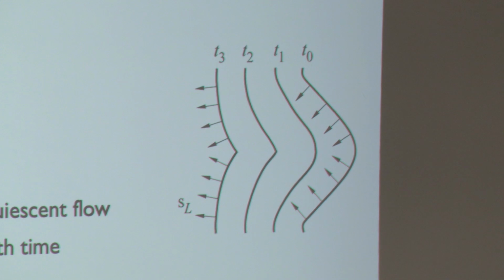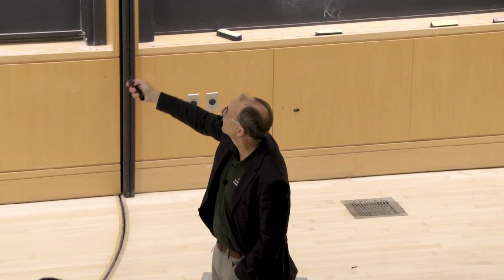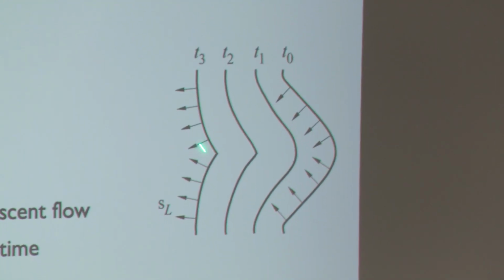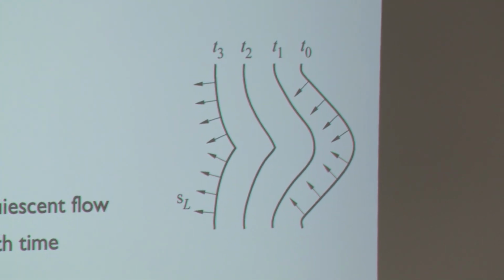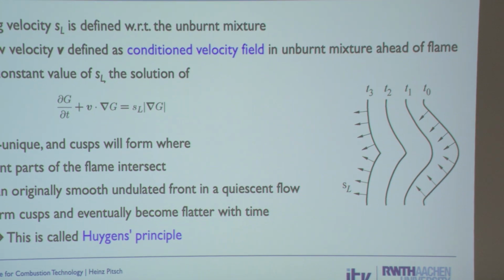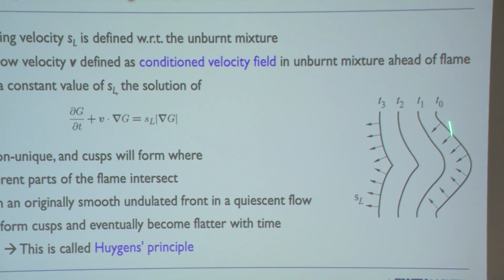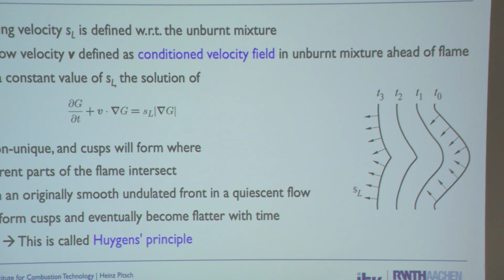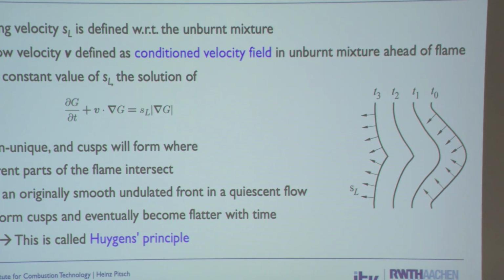And then, of course, in a real flame you have curvature, and the curvature gets very large, and for certain fuels that could make it burn a little faster here, so this cusp would go away if the burning velocity is a function of the curvature. But if it's constant, then this is what you get. But it's not totally unphysical, because if you look at real premixed flames, that's how they look.